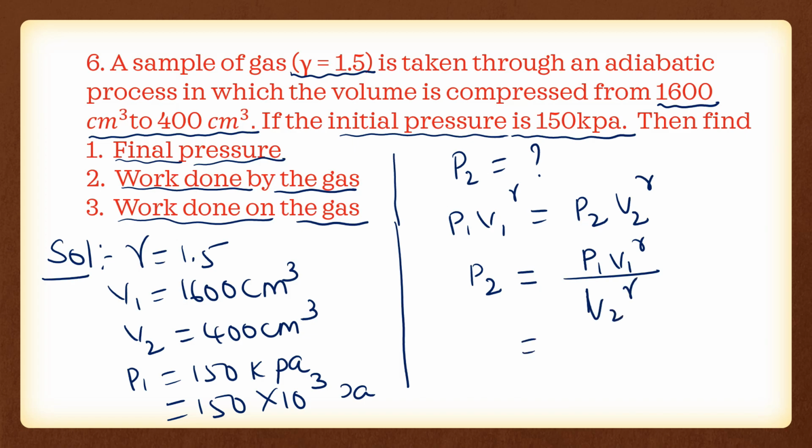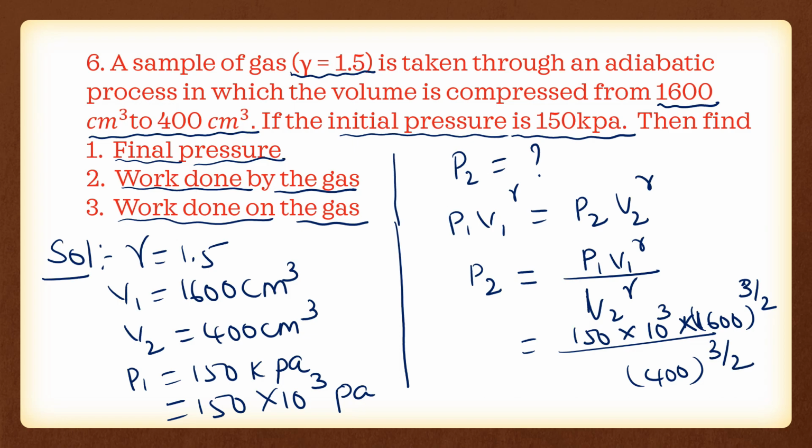Substituting all values, P1 is equal to 150 into 10 cube pascals and V1 is equal to 1600 whole to the power of gamma, which is 1.5, we are writing 3 by 2, and then V2 value 400 to the power of 3 by 2.